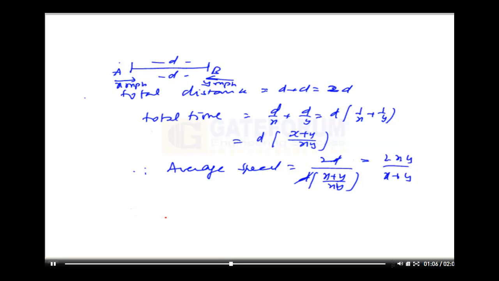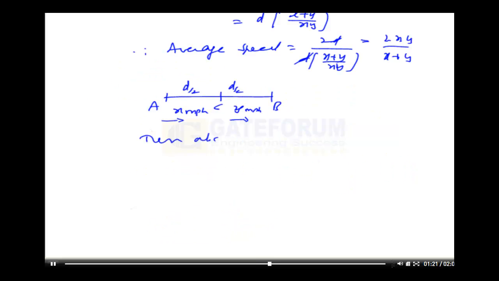Also, it's not necessary to travel the entire distance and come back. You can cover a distance of d by 2 at the rate of x miles per hour, another d by 2 at the rate of y miles per hour. Then also the average speed is given by 2xy by x plus y.